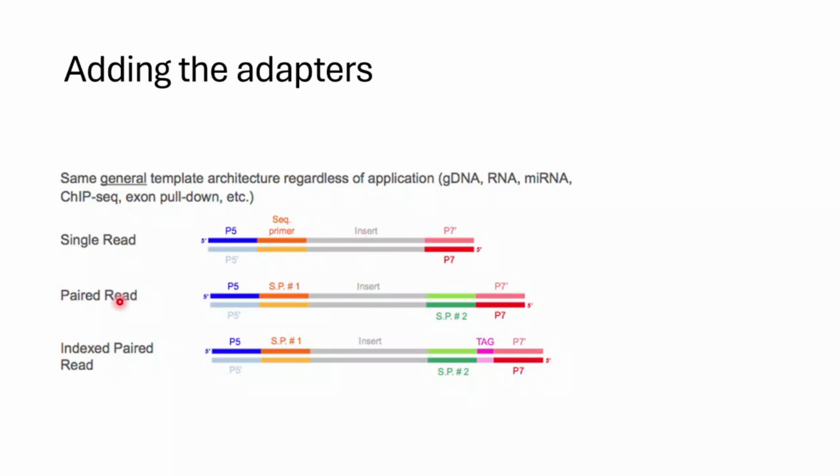If you're doing paired reads, then you will have basically your P5 adapter or linker. These are just names that are used interchangeably. And then you have your sequencing primer sequence here, and you'll have the same thing on the other side. This allows you to do a read in both directions.